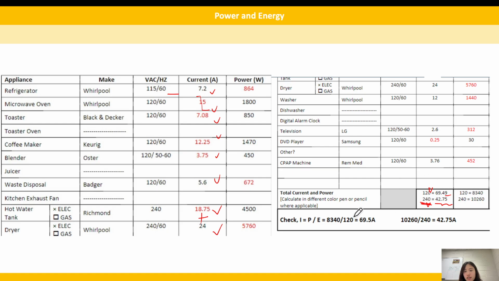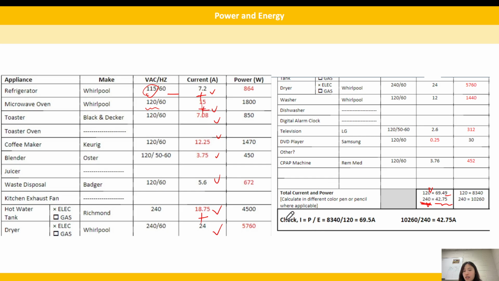One more thing, for the 120 V, you see a refrigerator, the V is 115. That's okay, you can just count this as 120 because they're similar. So just add them.